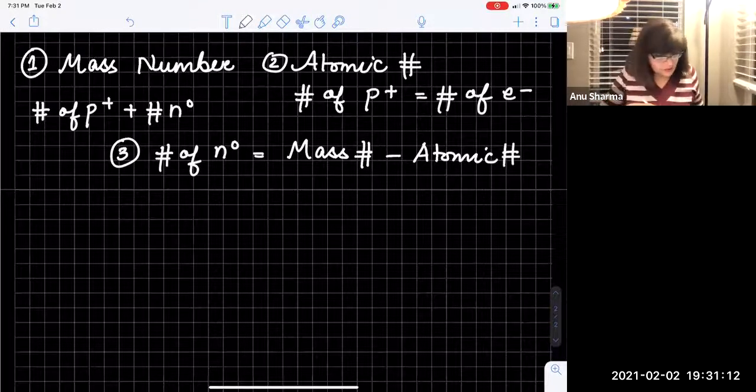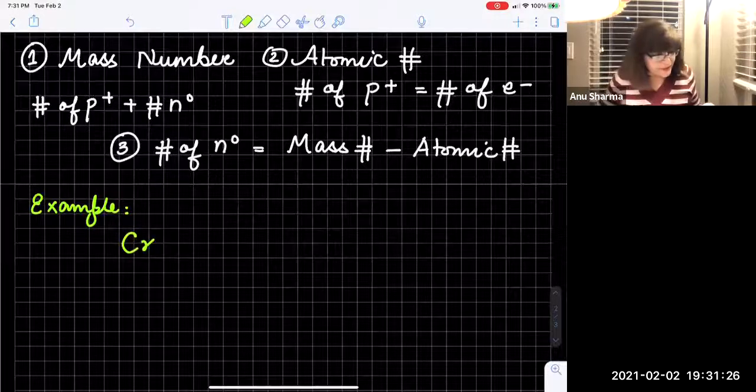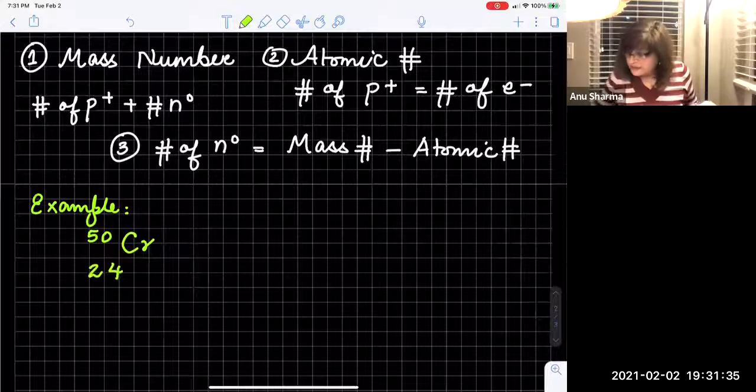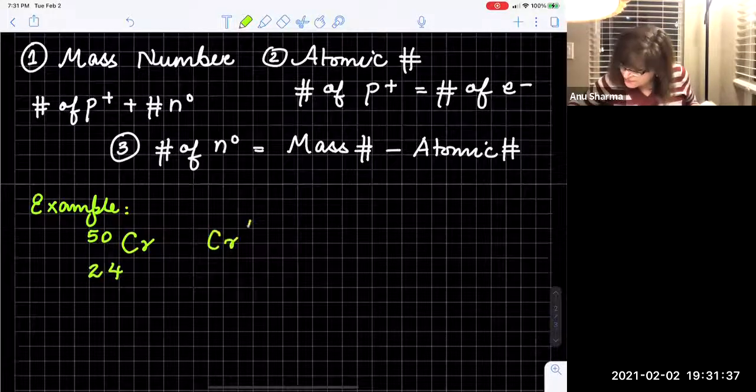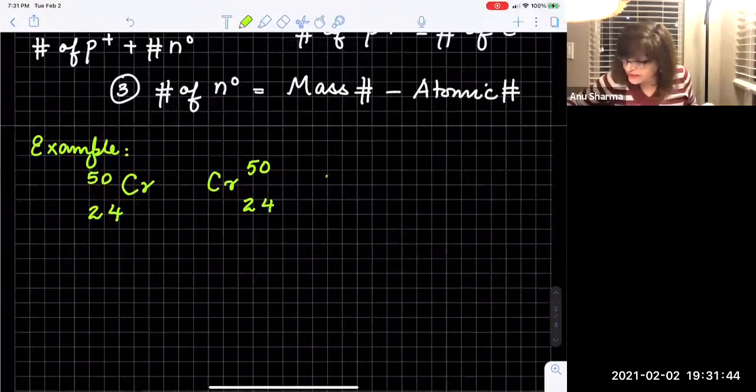Let us say you are given chromium, for example. This type of question can come on the exam. There are different ways this can be written. It can be written like this, 50 and 24. This can also be written as chromium-50, and it all depends. In the books you will see this written in different ways, and it doesn't matter.